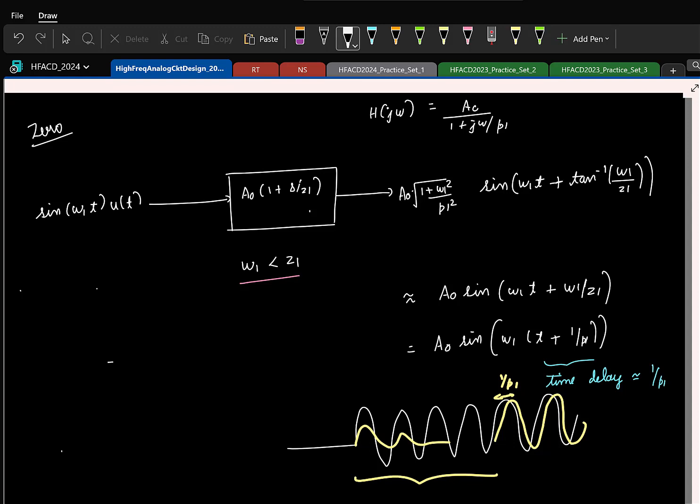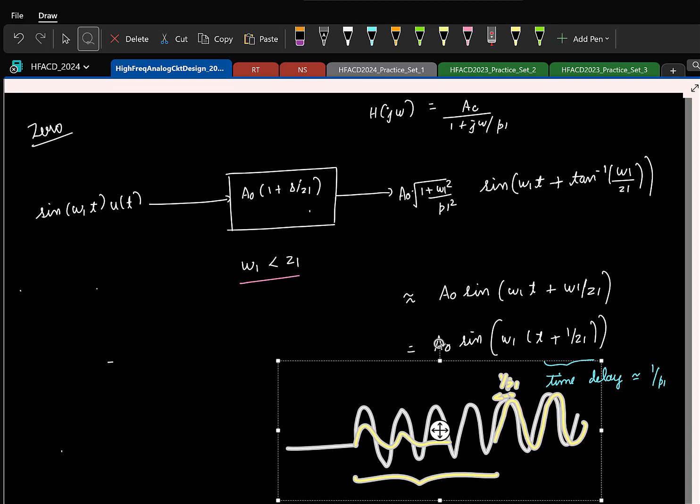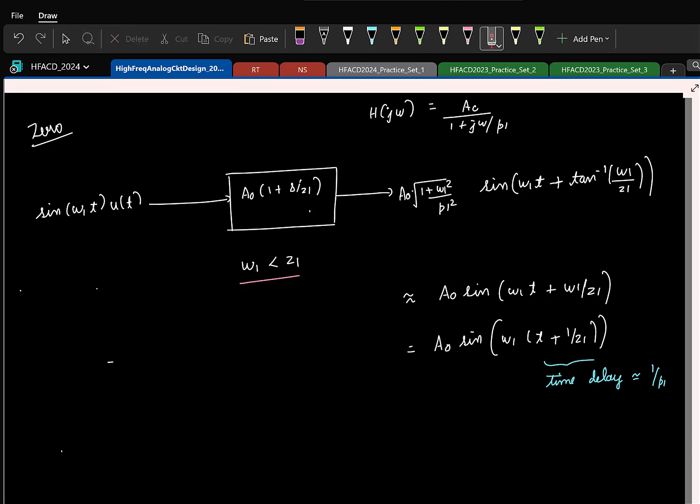So if I do this, what do you have now effectively? If I apply a sinusoid like this, at the output I seem to get something like this. So what have I incurred? Yeah, it's basically a time advance, right?